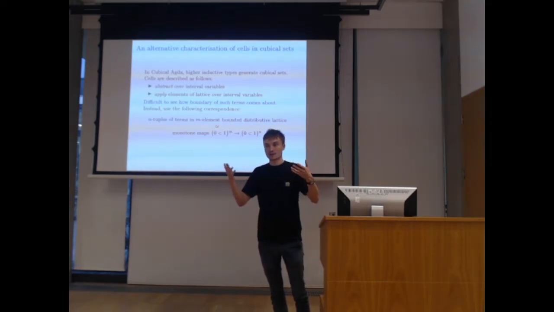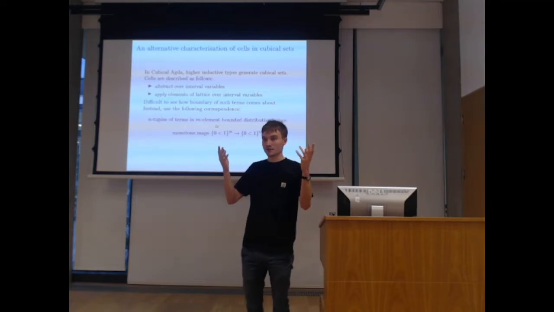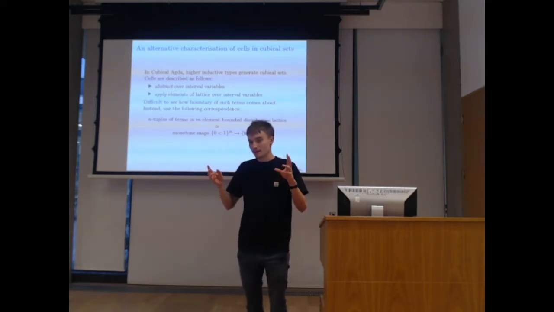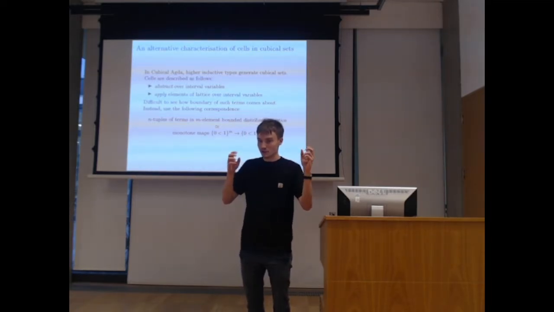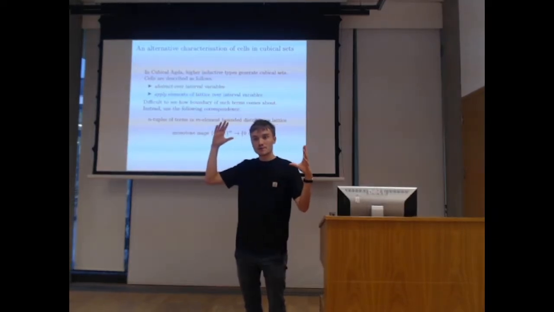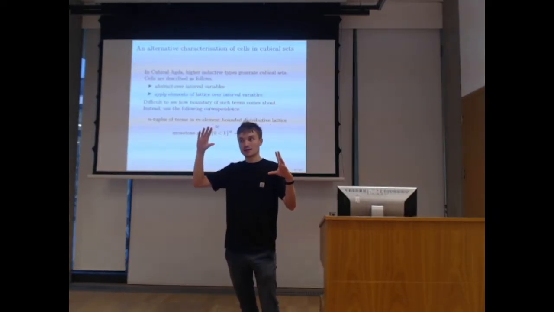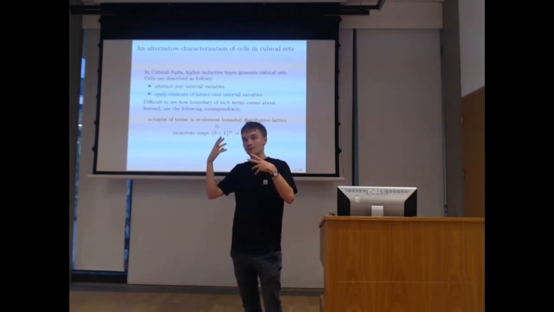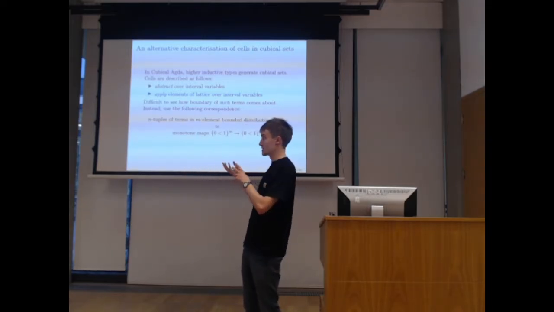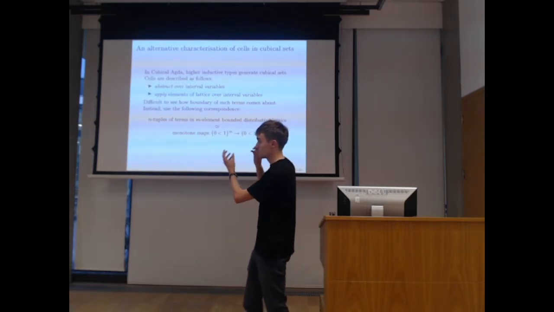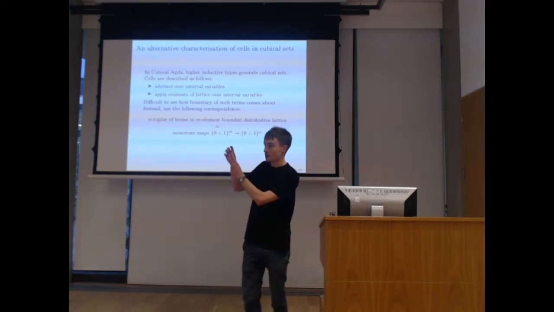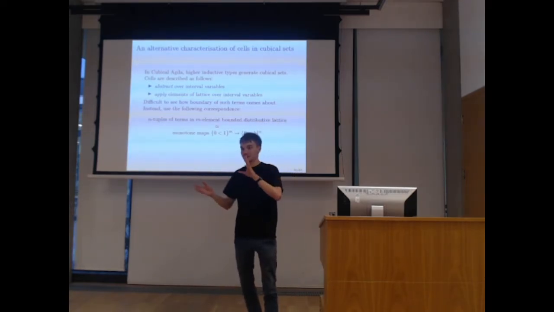The constructors of the higher inductive type give us some primitive cells, and when we introduce some interval variables, we construct higher dimensional shapes. If we apply some formula built from the interval variables in the context to some cell, which is a constructor of the higher inductive type, we shift the shape of this constructor.